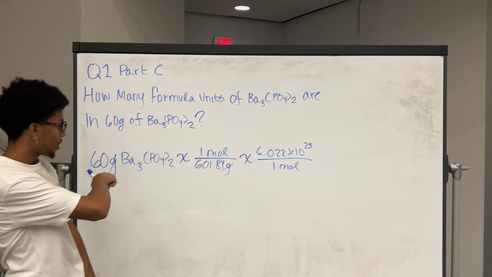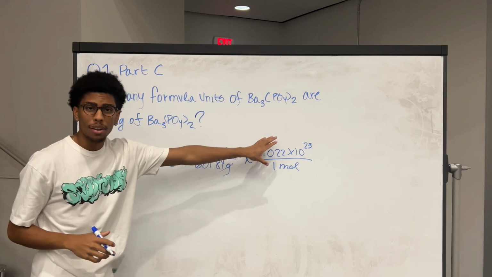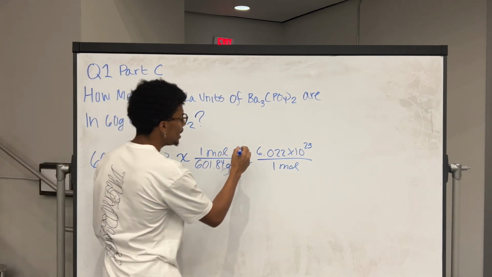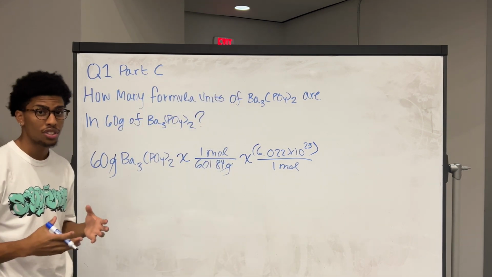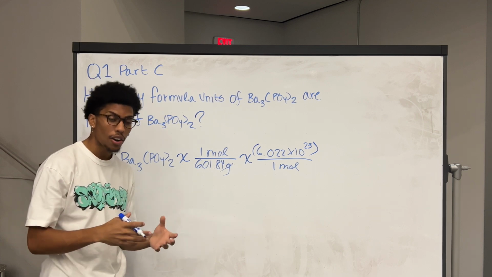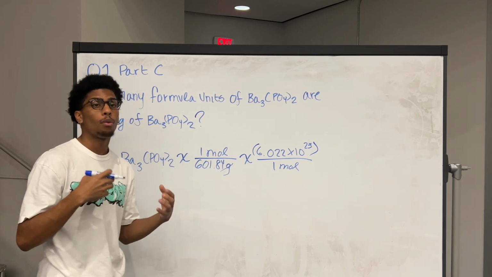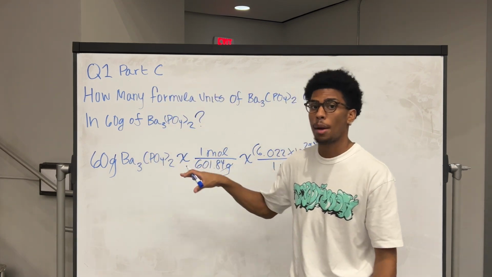So if you plug this into your calculator, and make sure when you're plugging things into the calculator, especially when you have scientific notation, please put parentheses around that scientific notation or your calculator is going to spit out a number that's incorrect. If you have struggles with using the calculator for these types of problems, I will post a video on the best way to utilize your calculator for these types of problems.